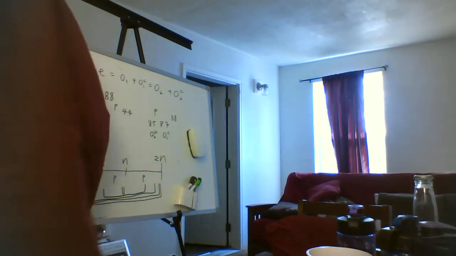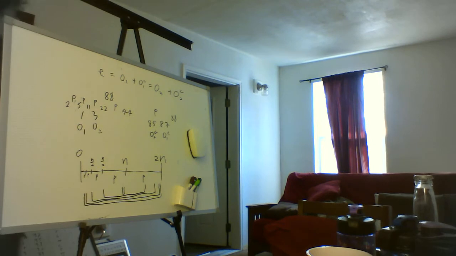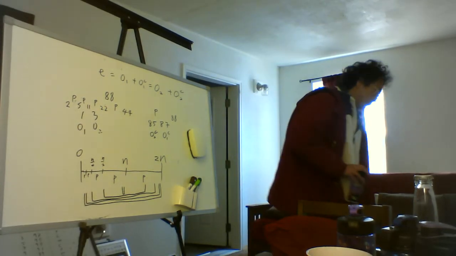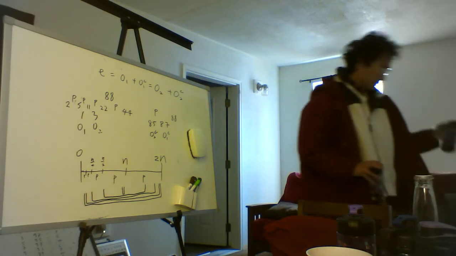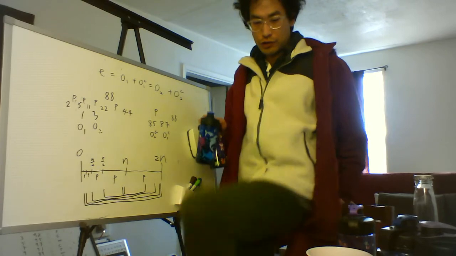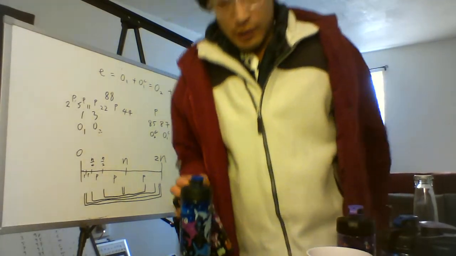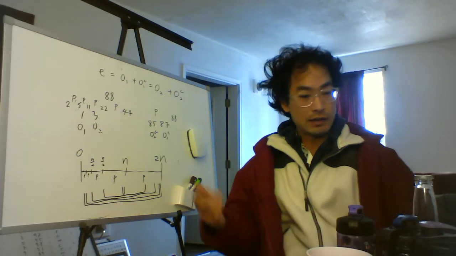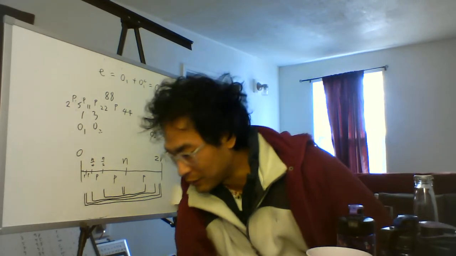So, let's see. Chaga mushroom. Do you know what chaga mushroom is? Chaga mushroom is a mushroom that grows on a tree. Sometimes dead trees, but many times live trees too.